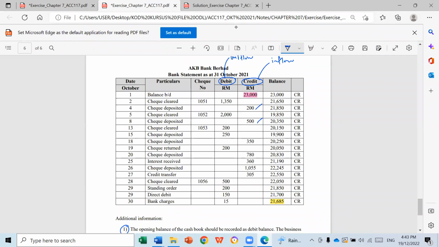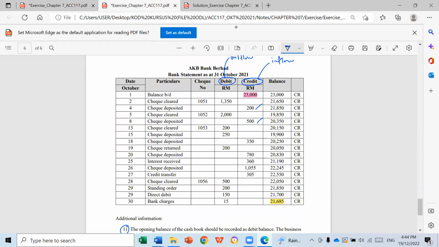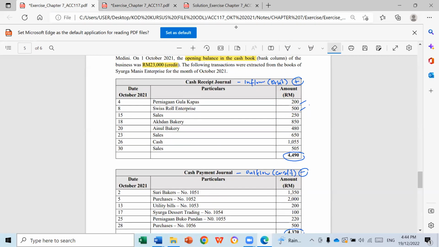Again, there is no entry in the bank statement. Cash 1,055 on the 26th. Yes, we have 1,055. And lastly, sales 505.